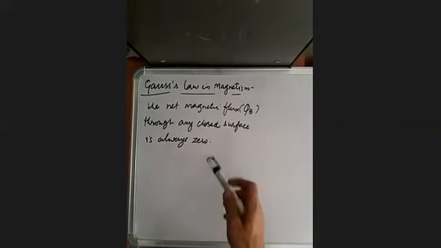So the net magnetic flux through any closed surface is always 0.